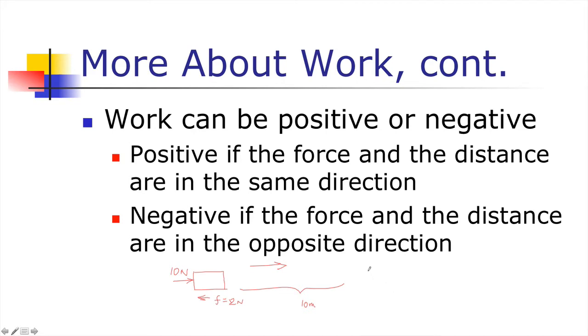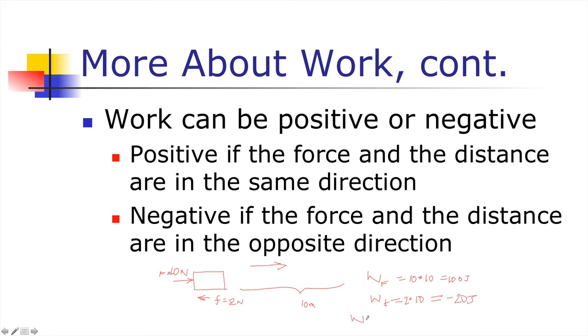So the total work done: the work done by F, the main force, is 10 times 10, which is 100 joules. The work done by that small frictional force is 2 times 10. But keep in mind, since this is frictional work, it's negative 20.